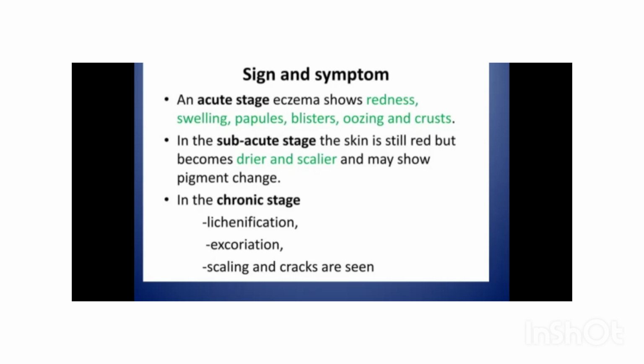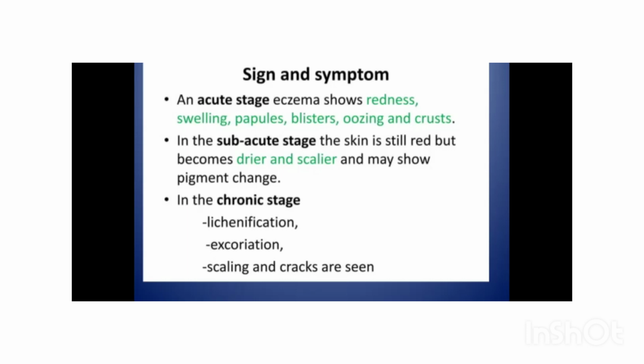In the chronic stage, that is the final stage, we can see lichenification, excoriation, scaling, and cracks. Lichenification means thickening of the skin; the layer of the skin will look thickened. Excoriation means wearing down of the skin.